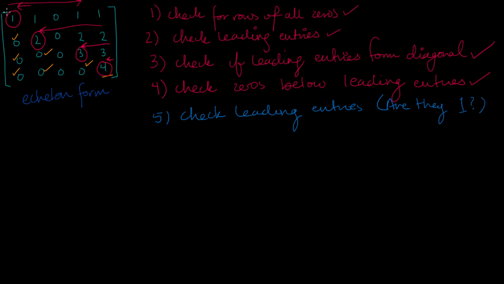Now let's check these leading entries. This leading entry is a 1, but this leading entry right here is a 2, and the other leading entries are not 1s. So this matrix is not in reduced echelon form. It's just in echelon form. So this matrix is simply in echelon form.